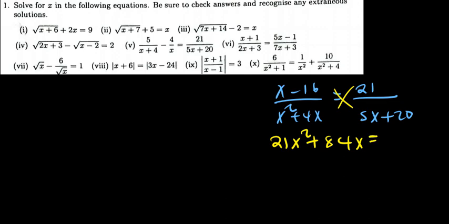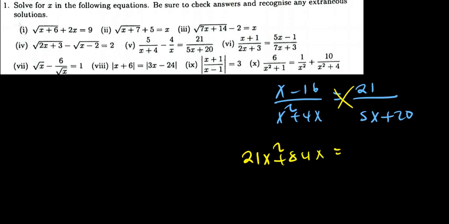Should be equal to these ones, just put them in brackets for now, and we'll come and multiply them later. I don't have enough space there, so let me rewrite it. We are getting 21x squared plus 84x is equal to 5x plus 20 in brackets, then x minus 16 in brackets.